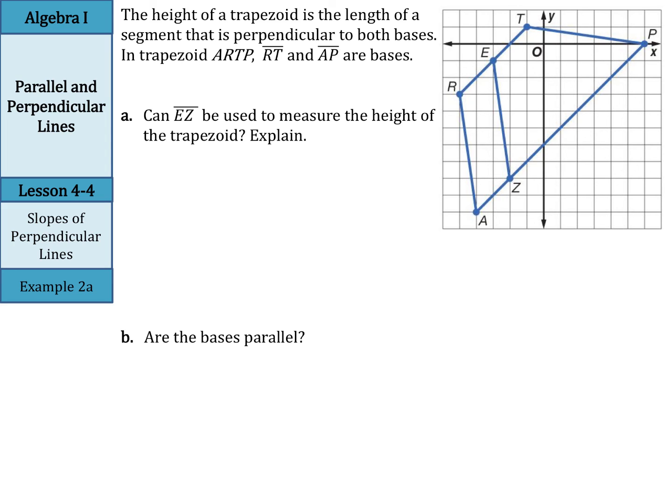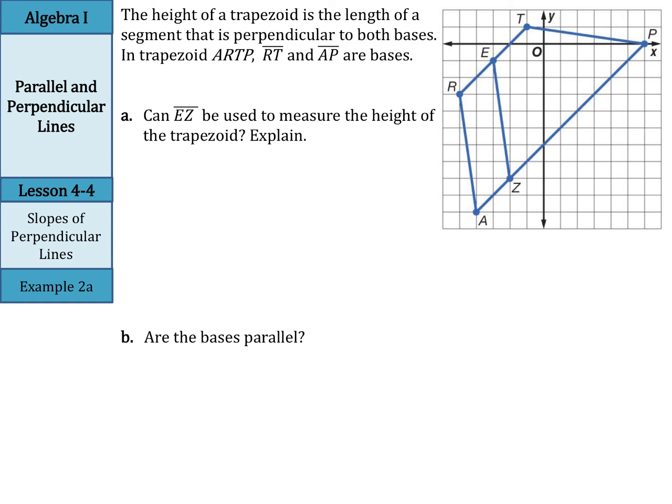Explain. Well, here we have EZ, and RT and AP are the bases. For EZ to be used for the height of the trapezoid, or at least to measure it, it needs to be perpendicular to both bases.